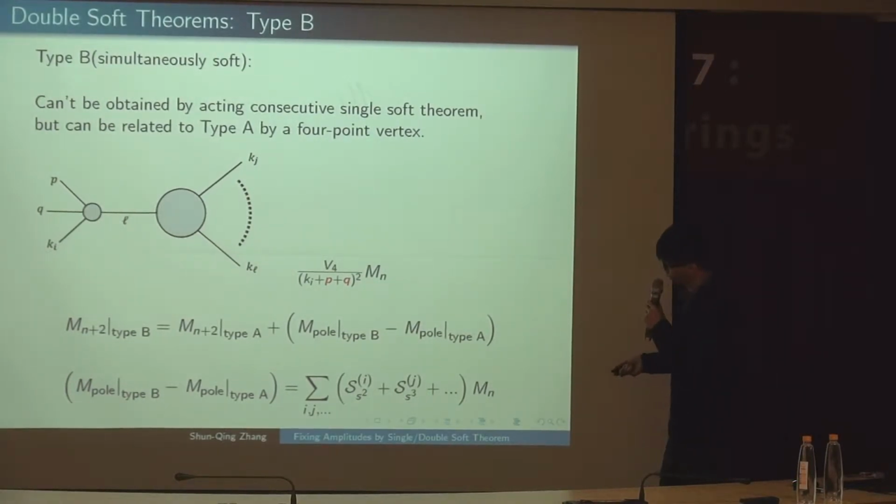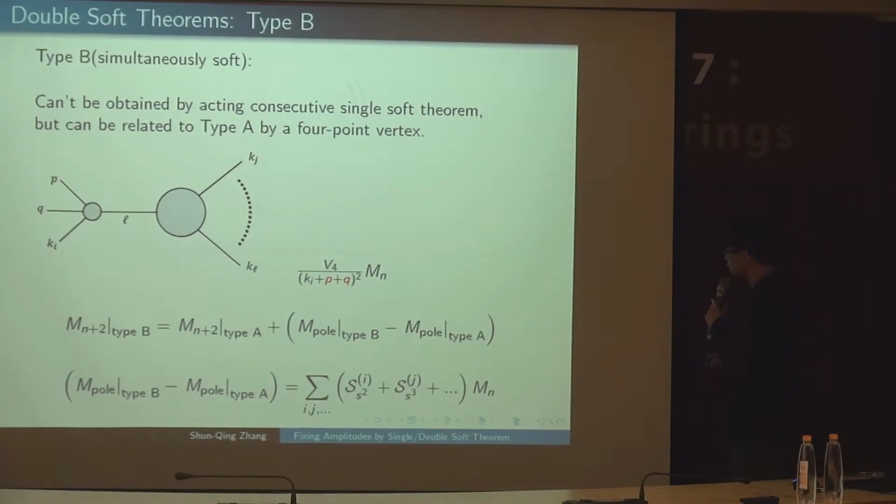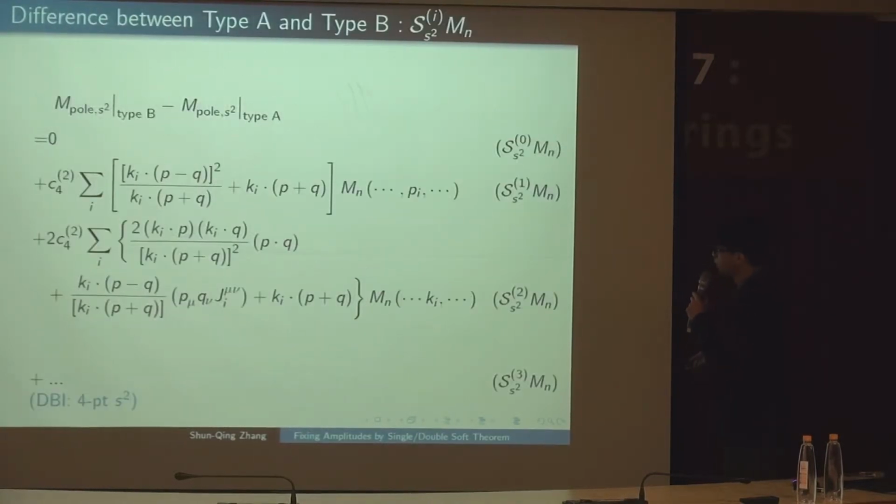Their relation can be written in another operator form, and the operator depends on your 4-point vertex form here. So if your 4-point vertex is S squared plus T squared plus U squared, then this is the form of the operator here.